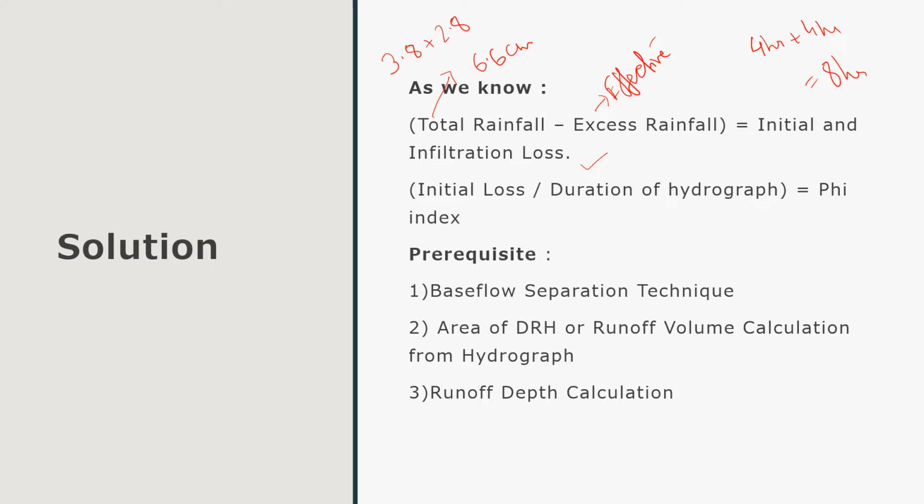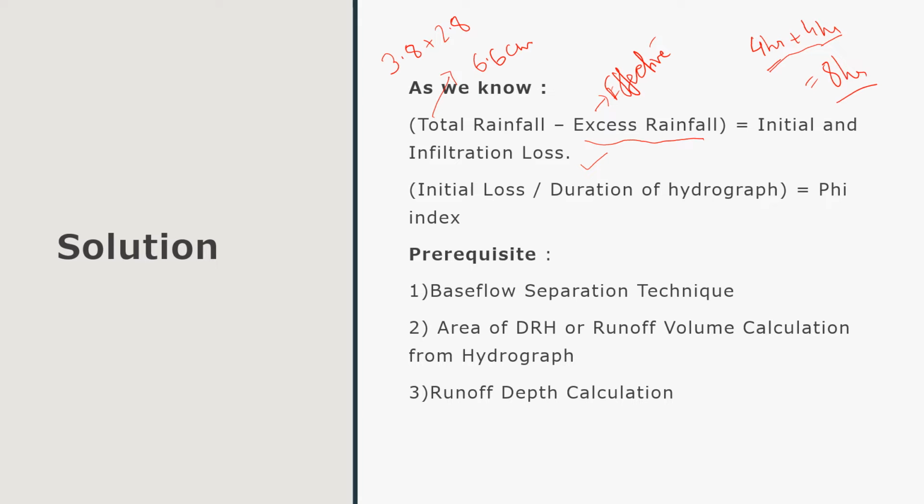We have to find out excess rainfall or effective rainfall. And the duration of the hydrograph generated from this 6.6 centimeter total rainfall is 8 hours. It is given in the problem, 4 hours plus 4 hours. After we get the effective rainfall, we will deduct it from total rainfall to find the loss, and then divide this loss by the duration of the hydrograph to get the phi index.